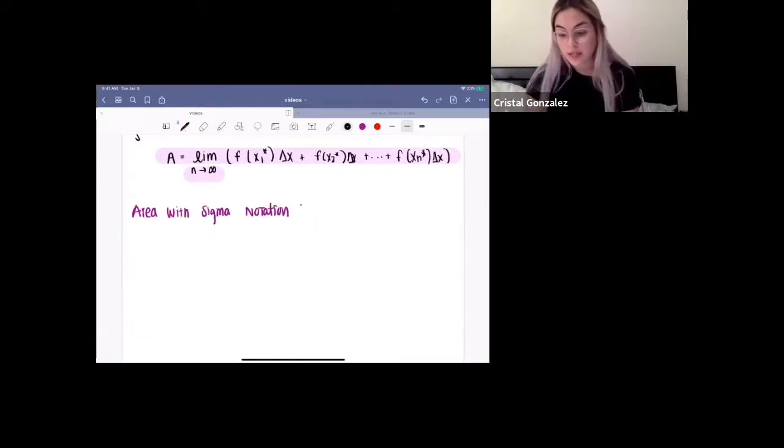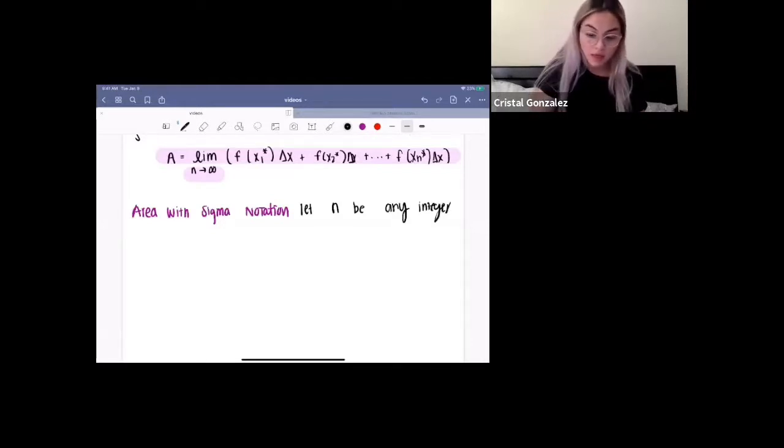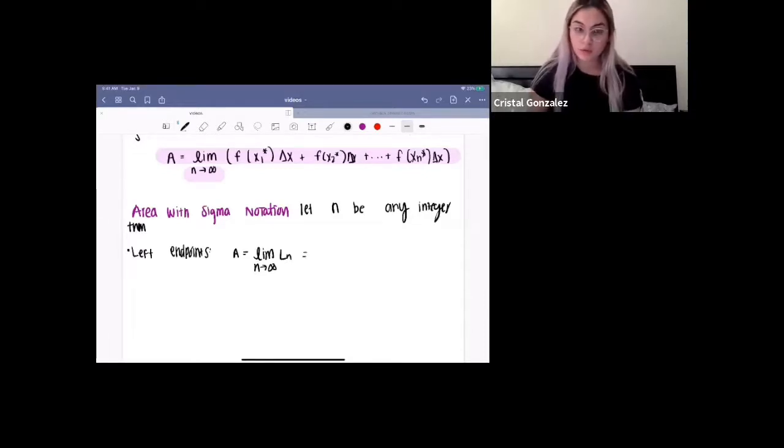So let n be any integer, then our left endpoints are equal to the limit as n approaches infinity of L sub n, which is equal to the limit as n approaches infinity of the sum from i equals 1 to n of f of x sub i minus 1 times delta x.